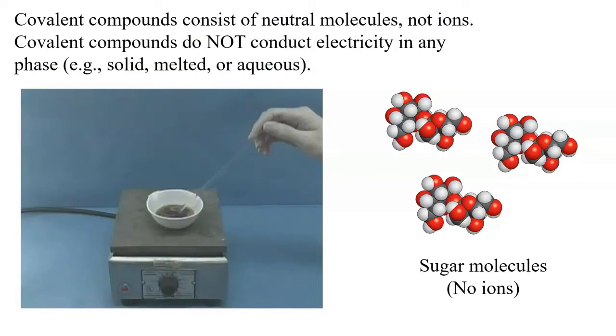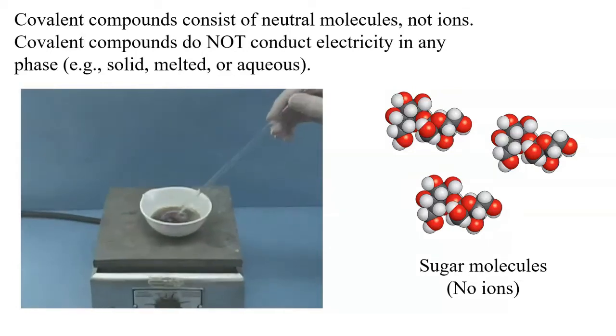Covalent compounds consist of neutral molecules, not ions. Covalent compounds do not conduct electricity in any phase, whether they're in the solid phase, melted, or aqueous, dissolved in water. In this video, sugar molecules have been melted, and we're going to test for conductivity.